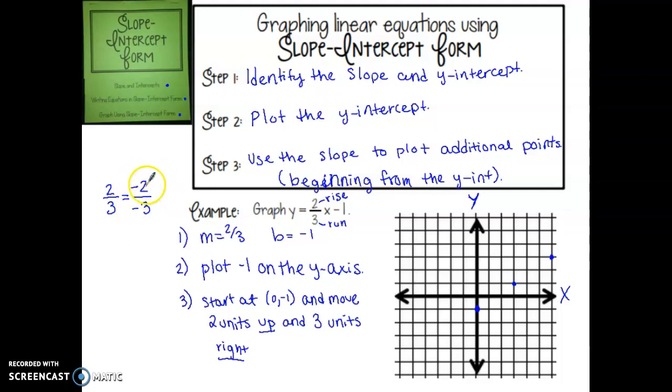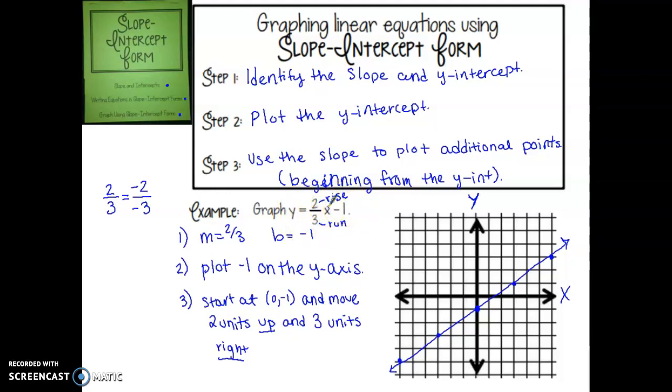So I can go down and to the left and it will be the same slope. I'm going to go down 2 units and 3 to the left. And that should make a straight line, which represents this equation right over here. So we just graphed the line of this equation.